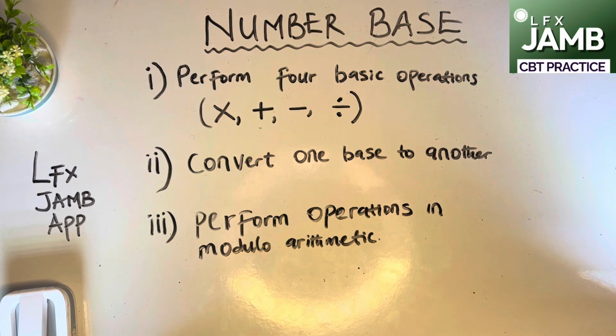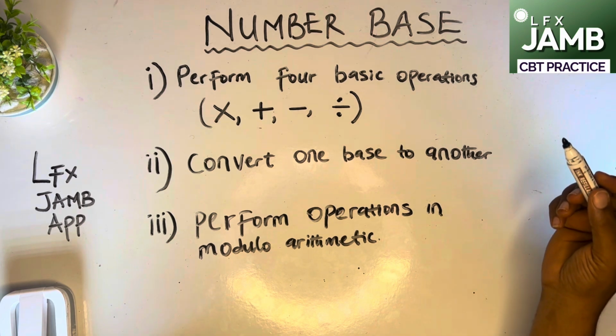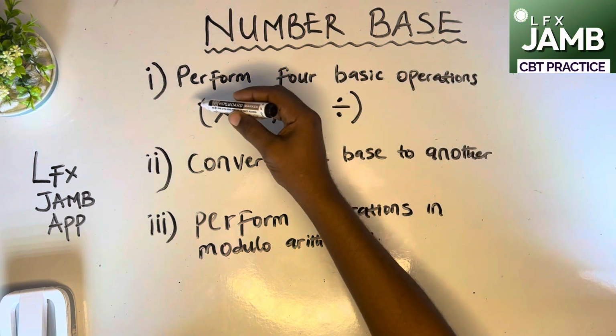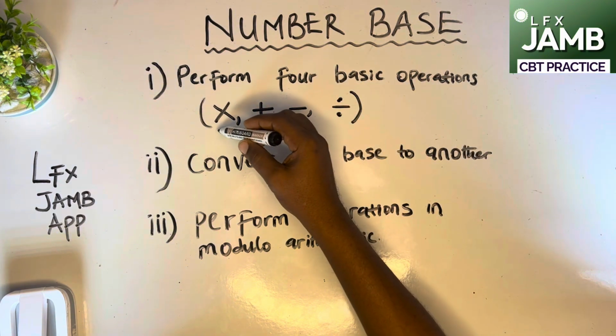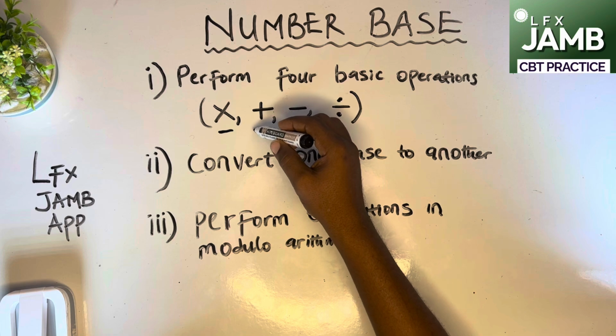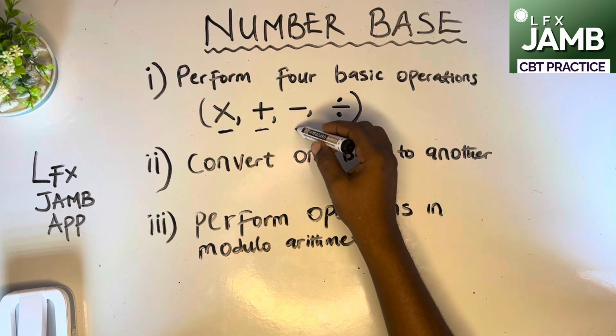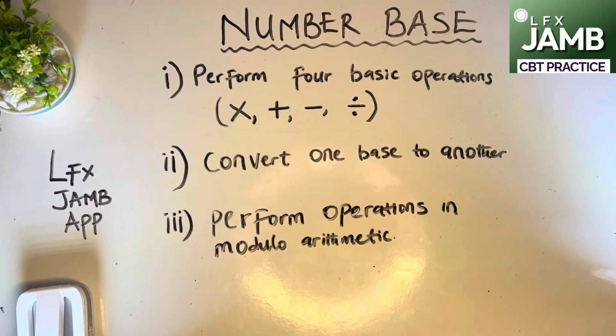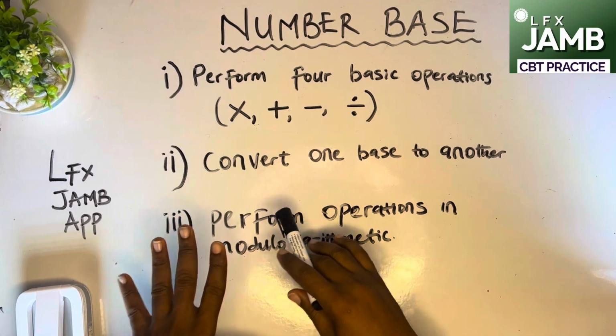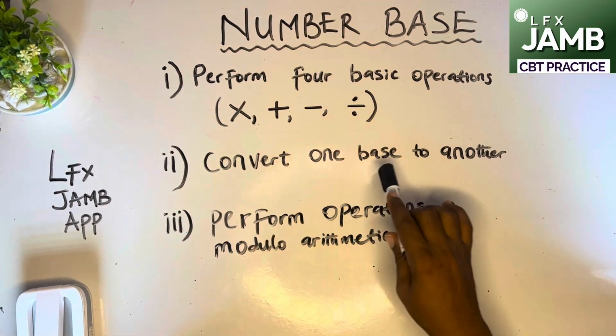From the Jamb syllabus, the Jamb objective for number base is for students to know how to perform these operations: multiplication in number base, addition in number base, subtraction and division. Another objective is for students to know how to convert one base to another.